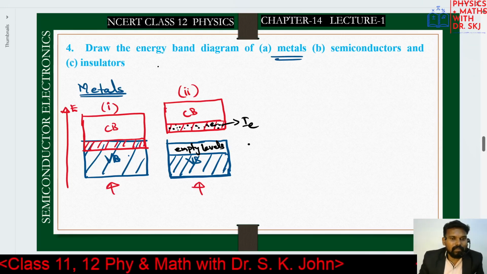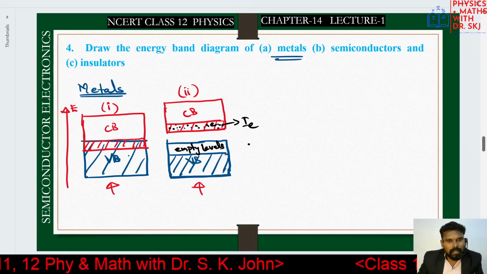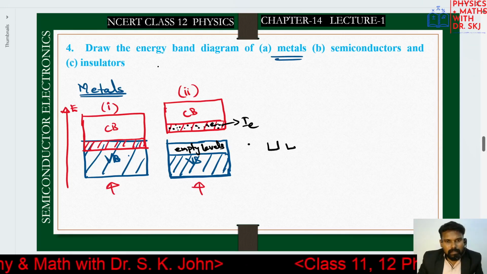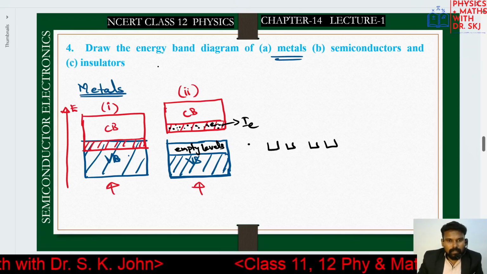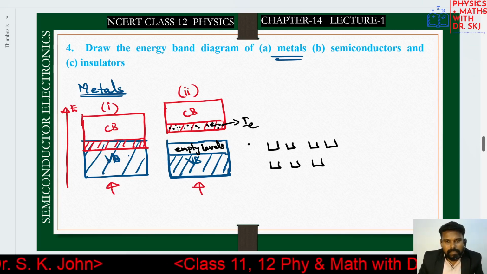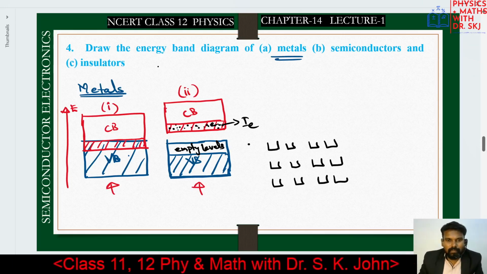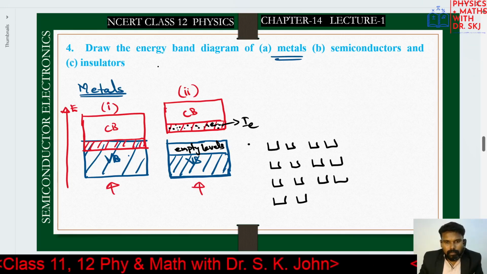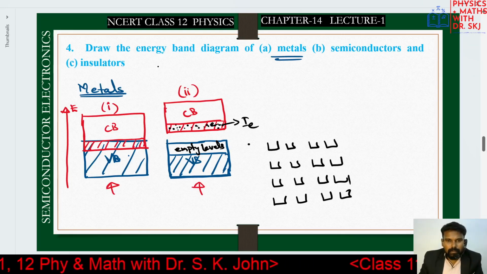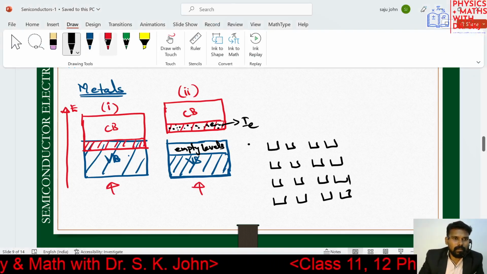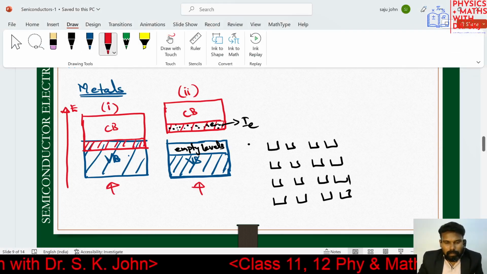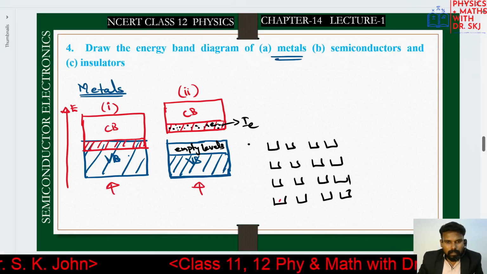But empty levels in the valence band, imagine the situation like this: in a bus, there are many seats and some of the seats are vacant. I will simply represent points like this.